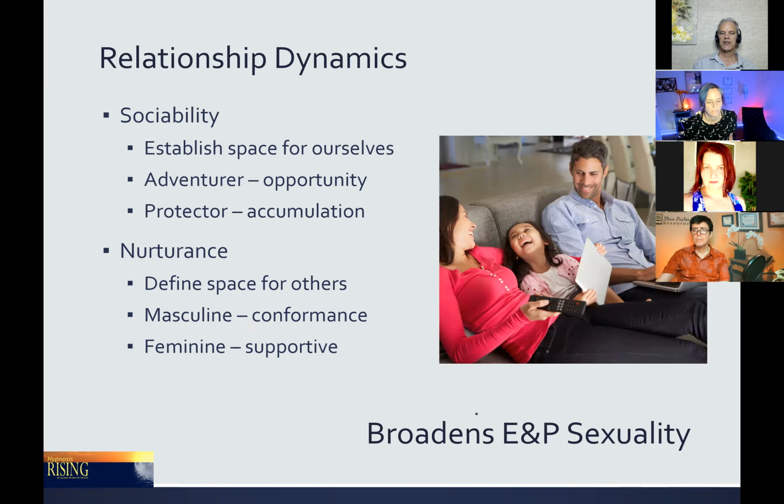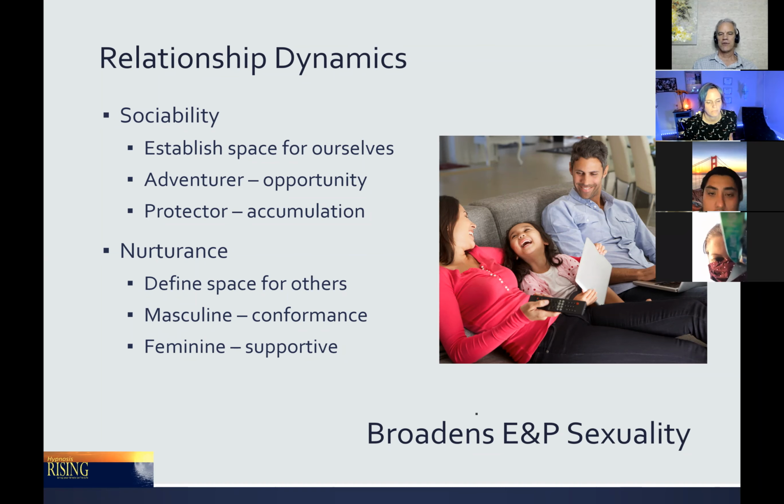And a good relationship is a dance between these two components. We assert ourselves and we see how much our partner is willing to go along with us. And then we step out of the way and give them an opportunity to lead. This is the dance of a relationship. It's about sociability and nurturance at the same time.